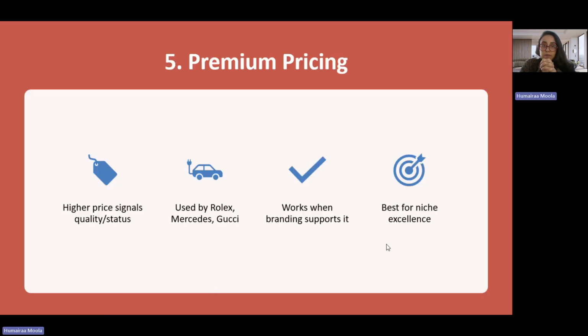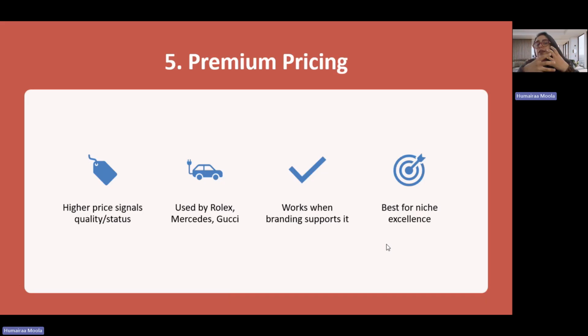Now, premium pricing is when a business intentionally charges more in order to position itself as a high quality, exclusive, luxury, or a specialist, right?